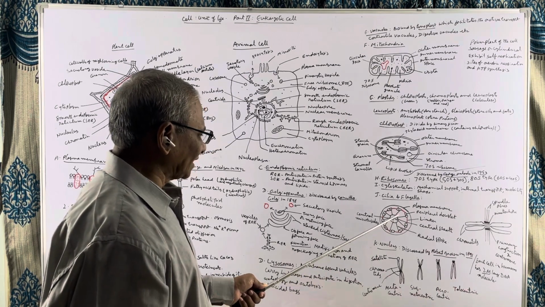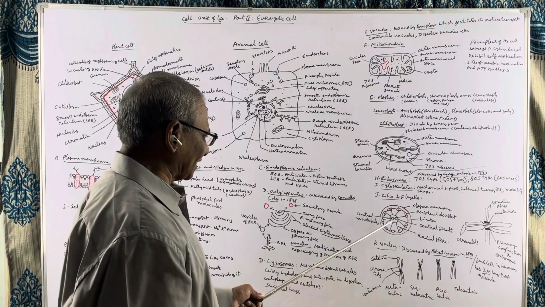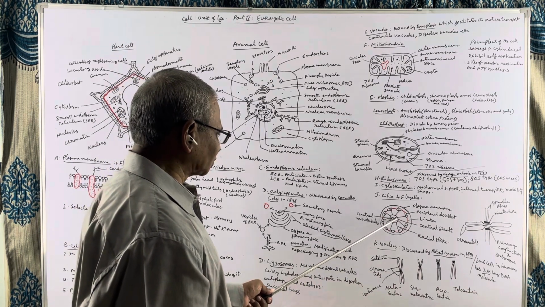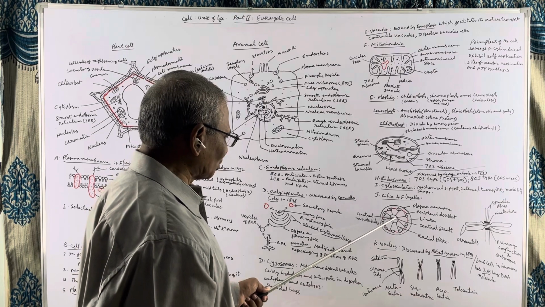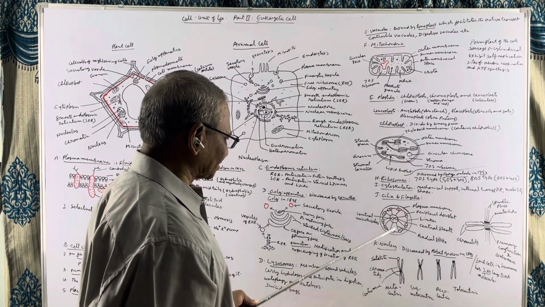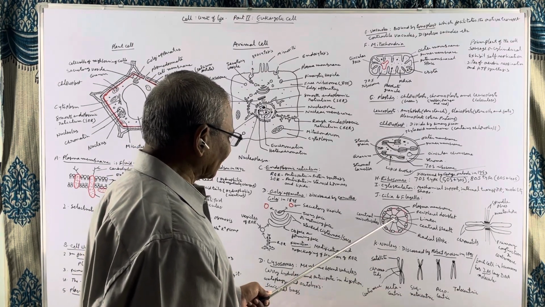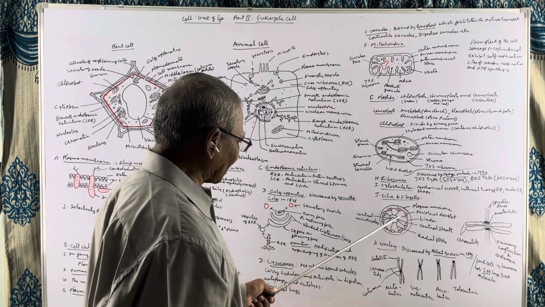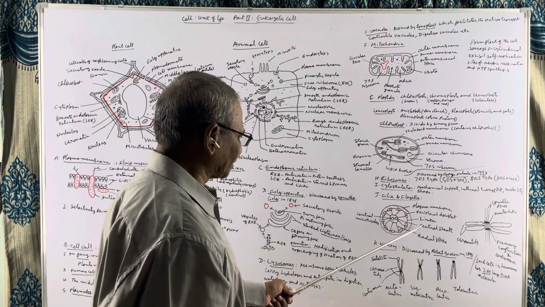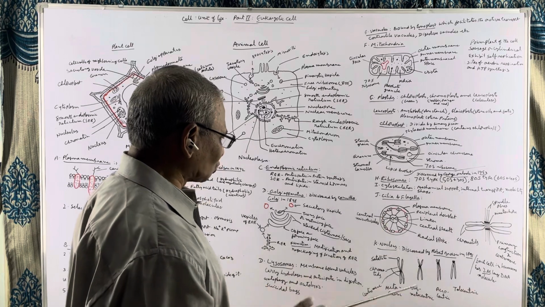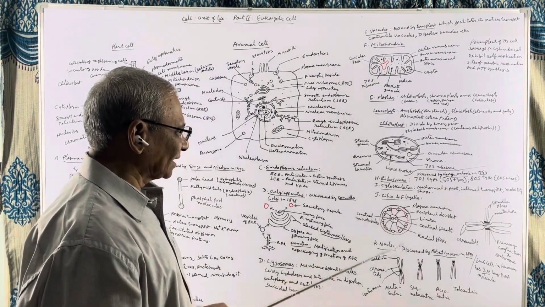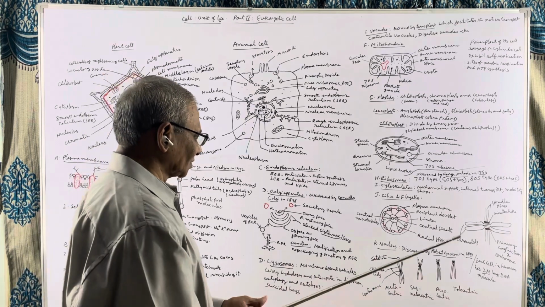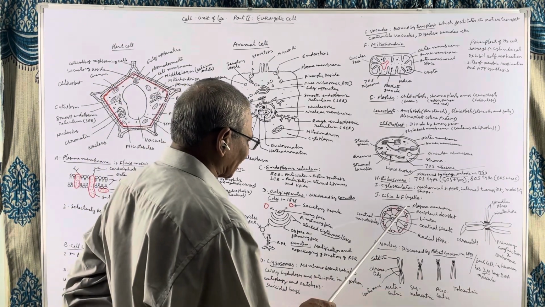In the middle of the flagellum or cilium, you find 2 microtubules. These are known as central tubules. The central tubules are connected by cross bridges, and they are also surrounded by a membrane known as central sheath. So inner tubules are 2 in number, connected by cross bridges and surrounded by a central sheath. The outer sheath is nothing but plasma membrane.